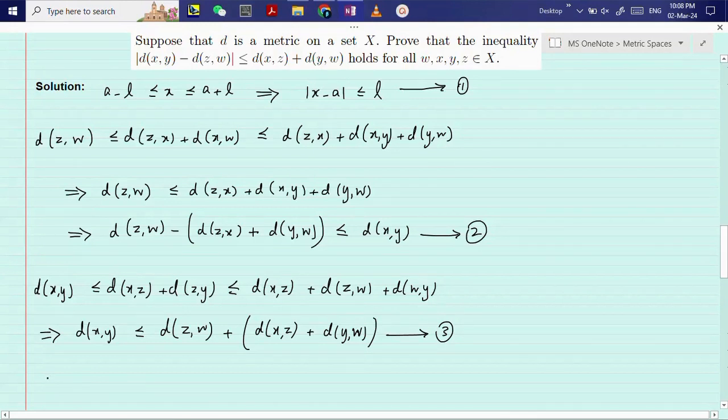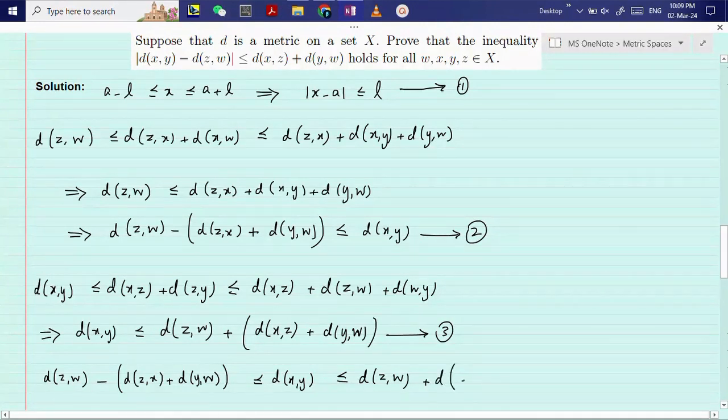So combining 2 and 3, we have d(z,w) - d(z,x) + d(y,w) is less than or equal to d(x,y), which, by using 3, is less than or equal to d(z,w) + d(x,z) + d(y,w).